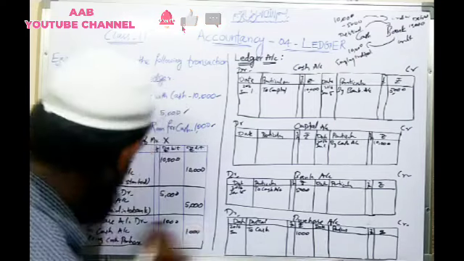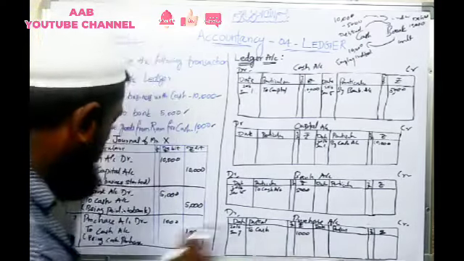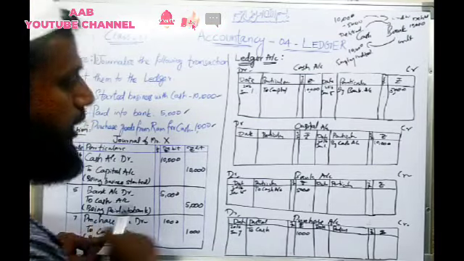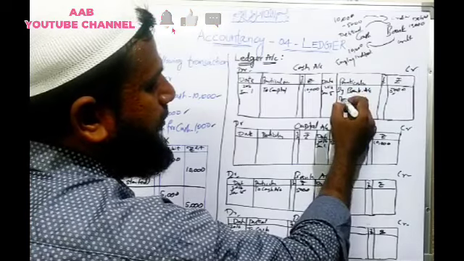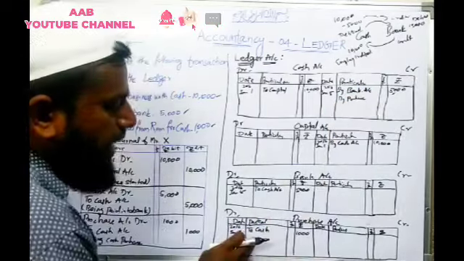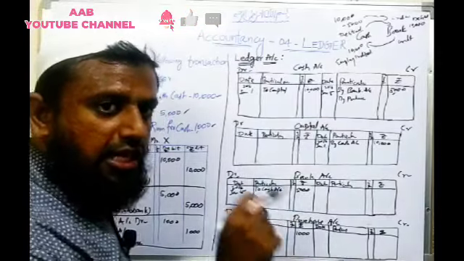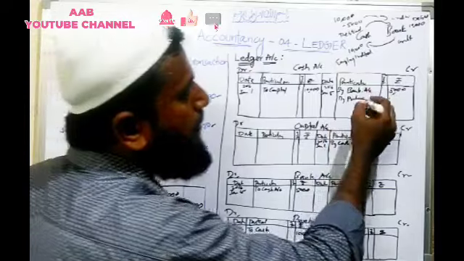2016, January 7. So 10,000 rupees. At the same time, in the cash account, by purchase, because purchase will be written down. So cash is paid because of purchase, by purchase account.